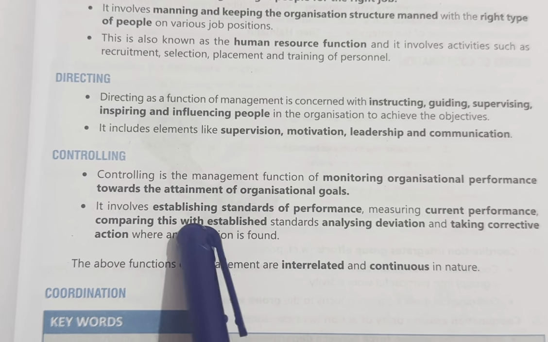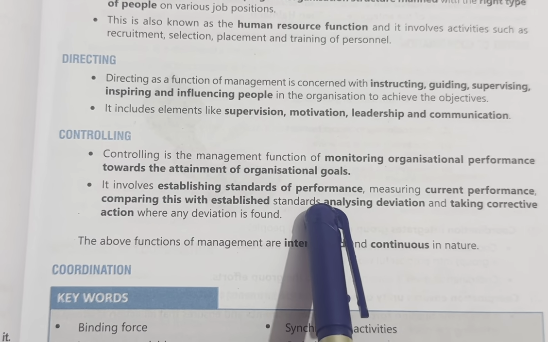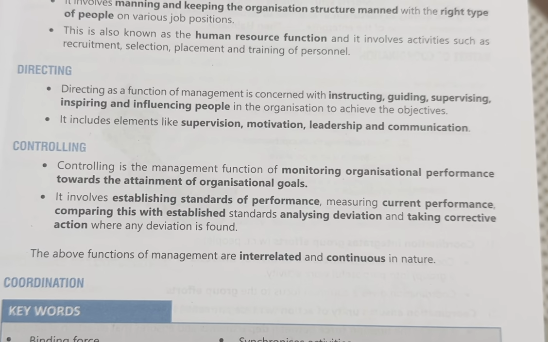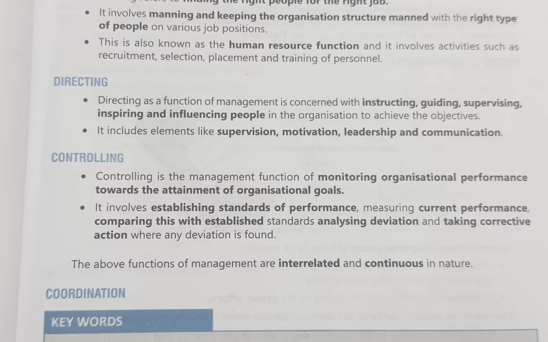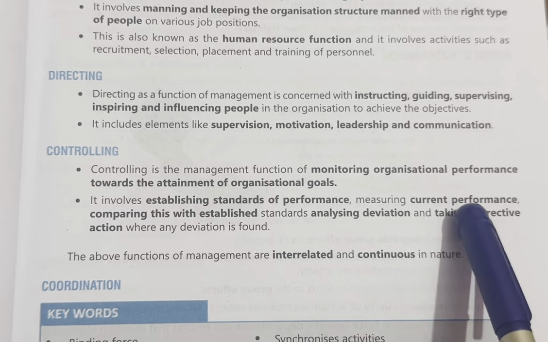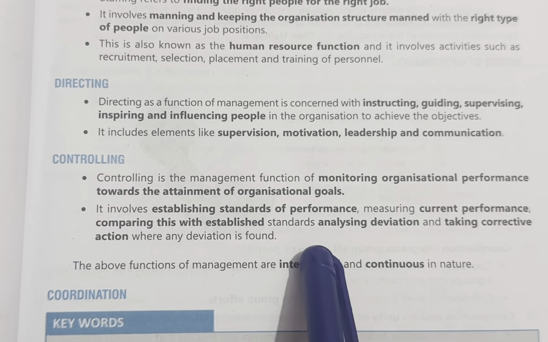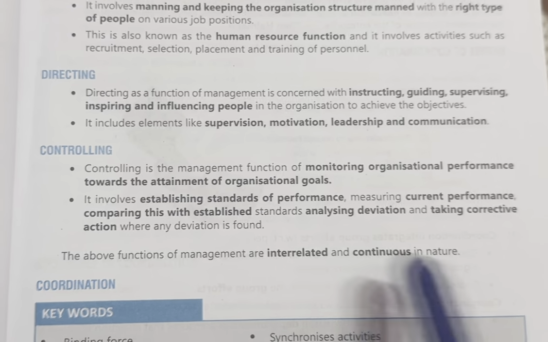It involves establishing standards of performance, means whatever organizational objective was set up, is that objective achieved or not. Measuring current performance, comparing this with established standards, analyzing deviation. If the objective is not achieved, then why, what were the things. So analyze deviation and take corrective actions to cover those deviations.